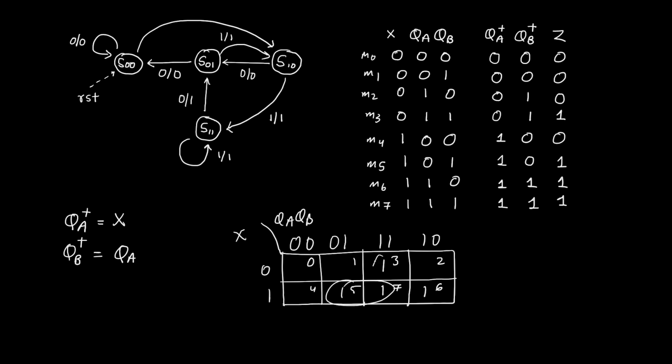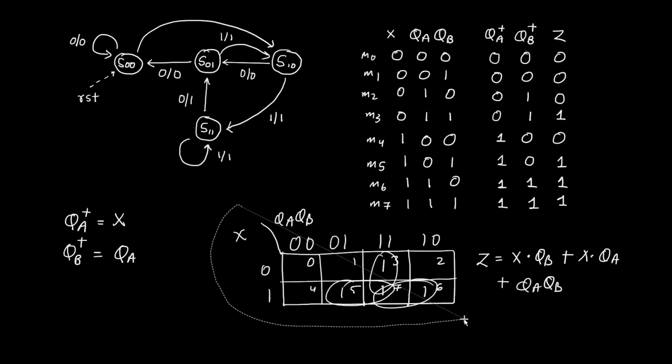So only pairs are happening here, so we will group them. So Z equals X and QB, plus X and QA, plus QA QB. So this is our third equation, which is also the output equation.